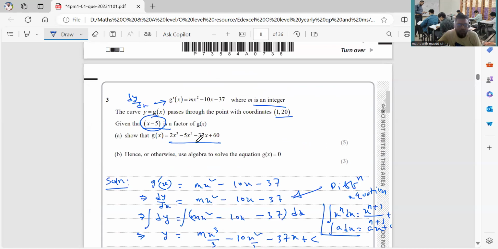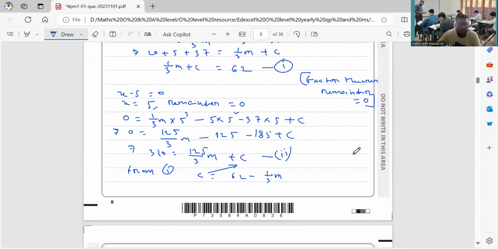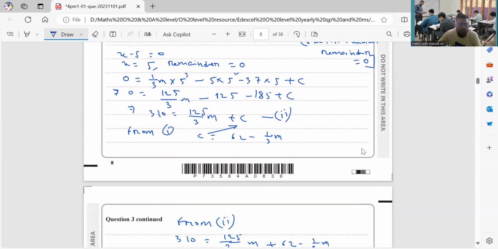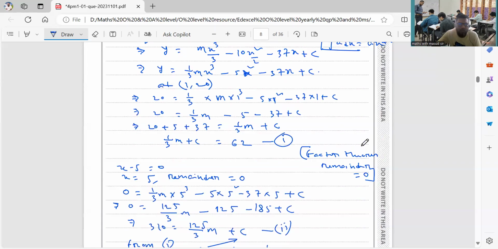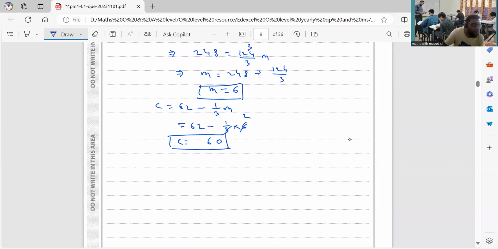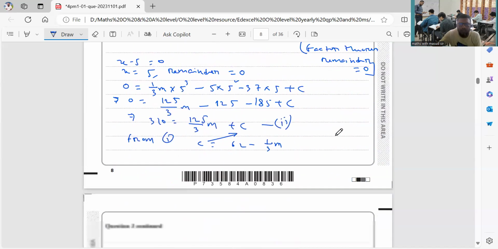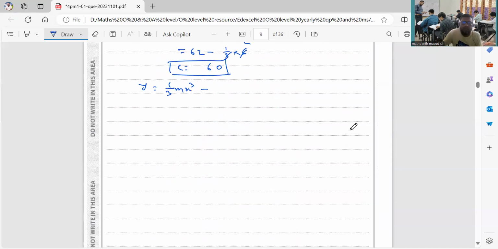show that gx equals 2x cube minus 5x square minus 37x plus 60. Now you have to replace the m and c values in the equation. And the equation is y equals 1 by 3 m x cube minus 5x square minus 37x plus c.